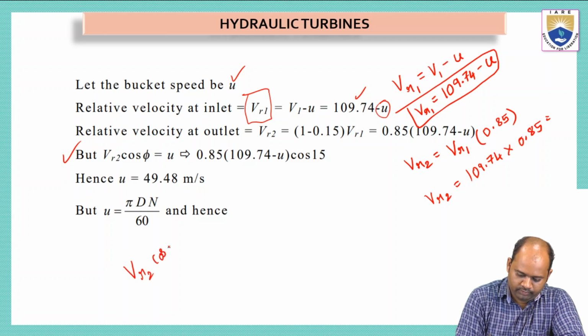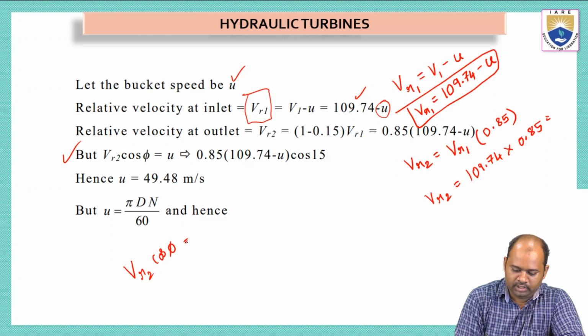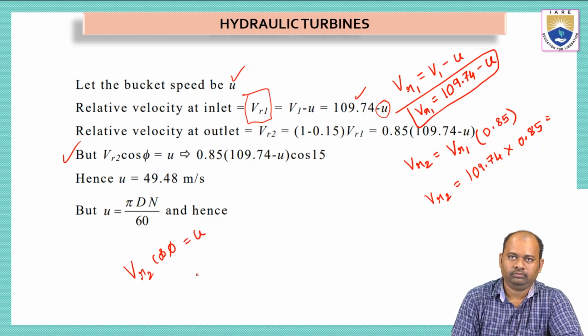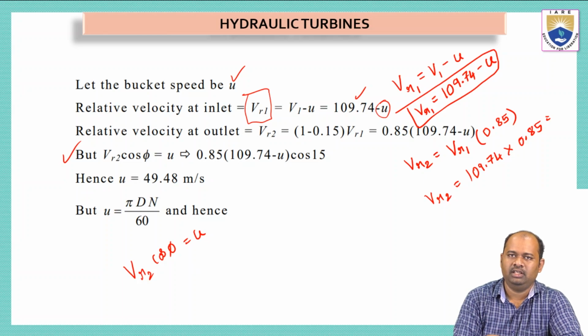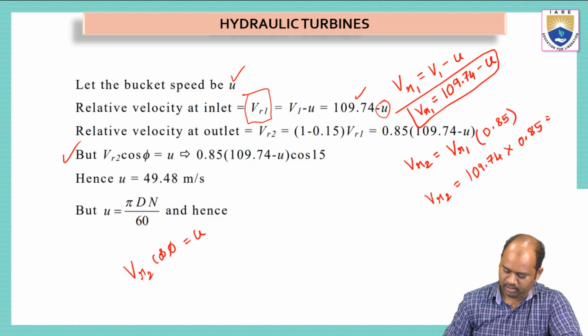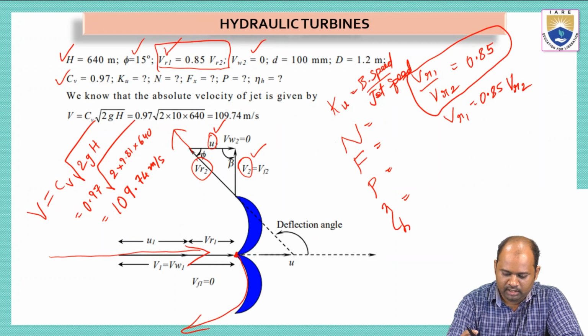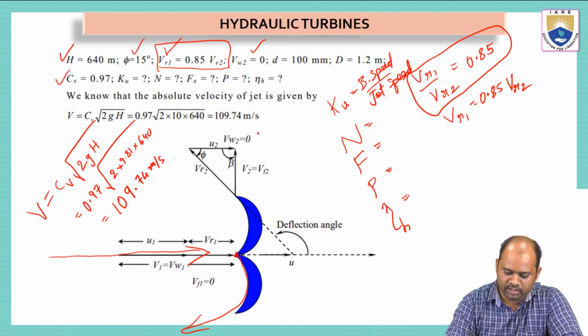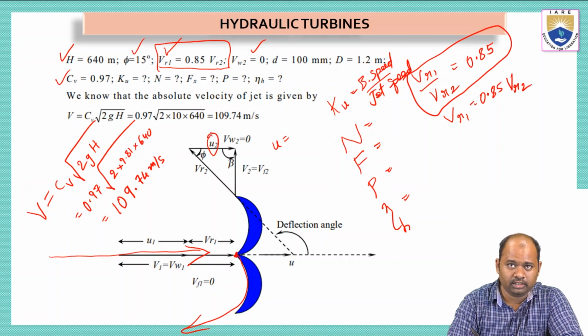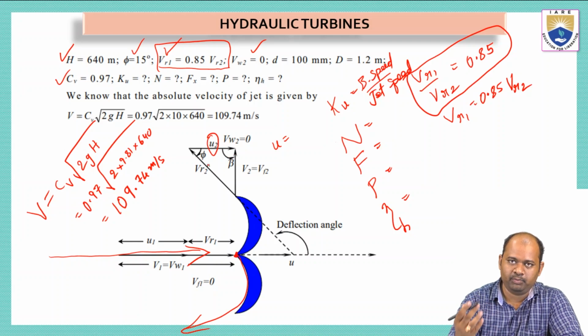VR2 cos phi is equal to U. In order to calculate the U value, I am taking this equation from the velocity triangle. In the previous slide we can see the velocity triangle where we can write this equation. U is the adjacent side, and VR2 is the hypotenuse.